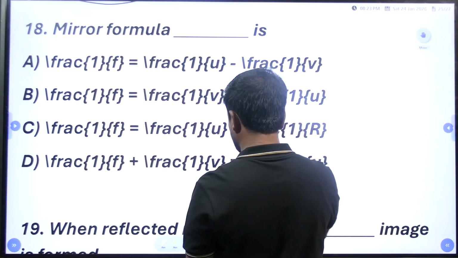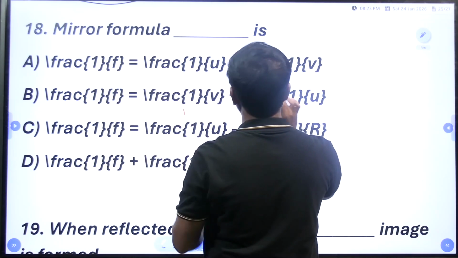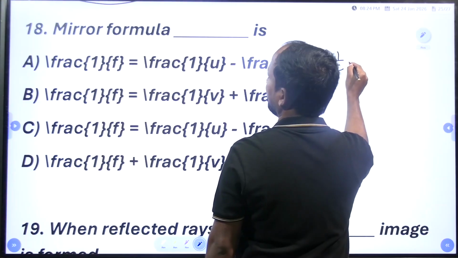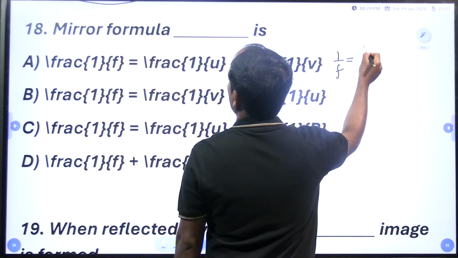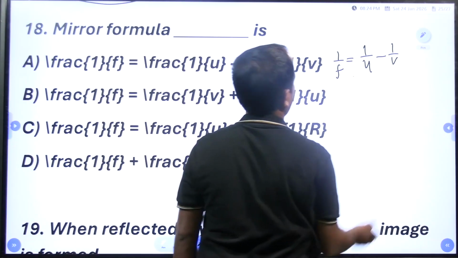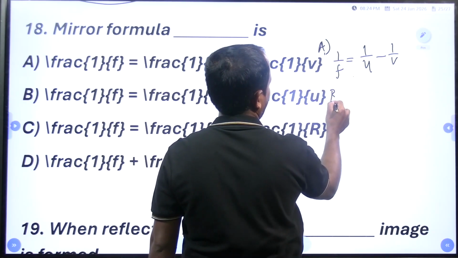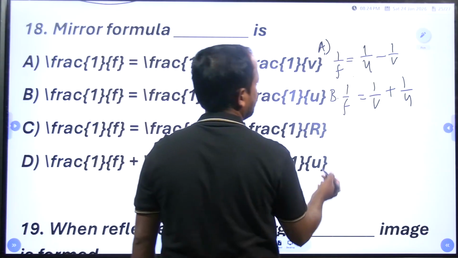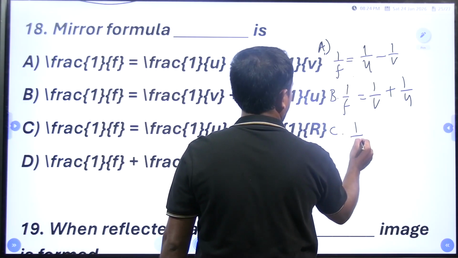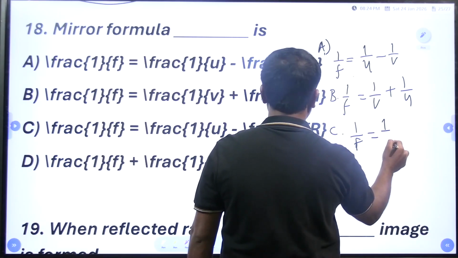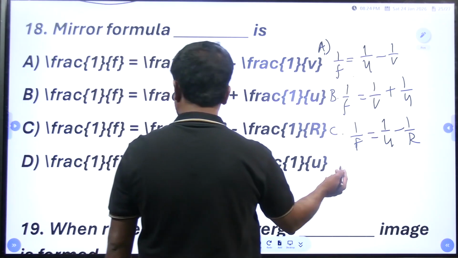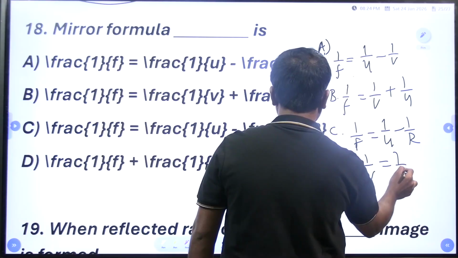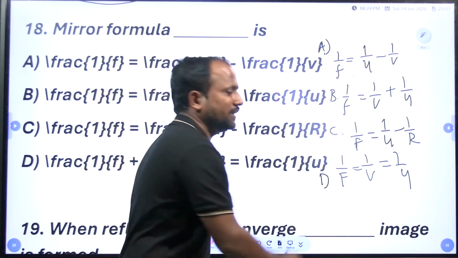Option A: 1 by F is equal to 1 by U minus 1 by V. Option B: 1 by F is equal to 1 by V plus 1 by U. Option C: 1 by F is equal to 1 by U minus 1 by R. And the last one, option D: 1 by F is equal to 1 by V is equal to 1 by U.